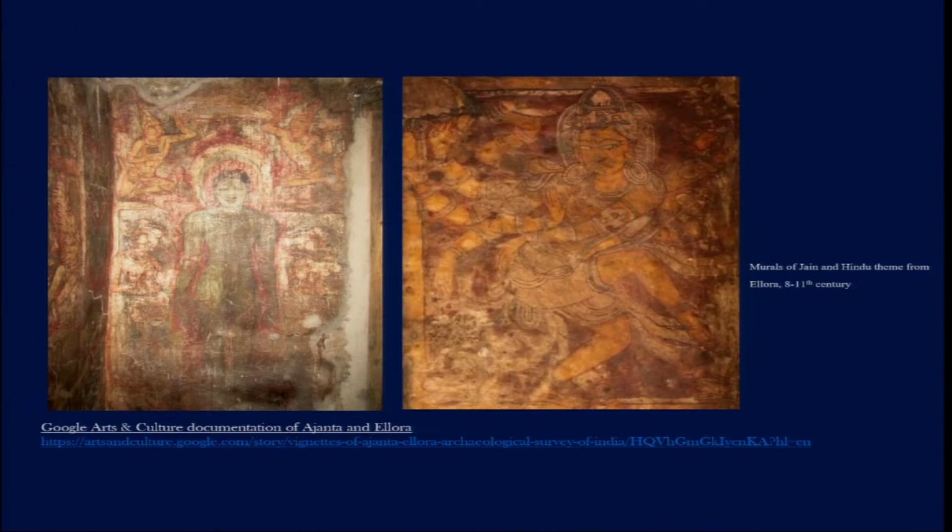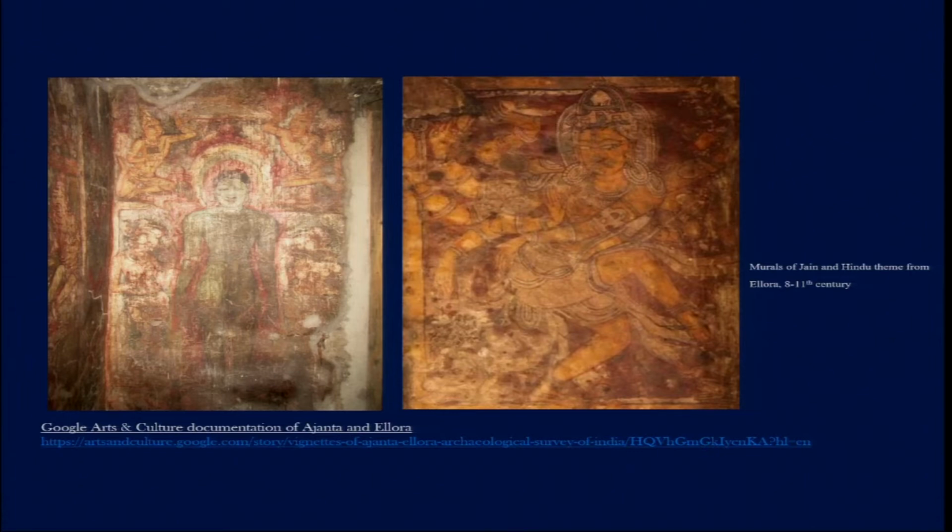Now we also find some other characteristic features here. For example, the halo behind the head also suggests the divinity of this figure. And similar to the other images that we have seen in Ajanta, here are also some very lyrical as well as elegant attendant figures.